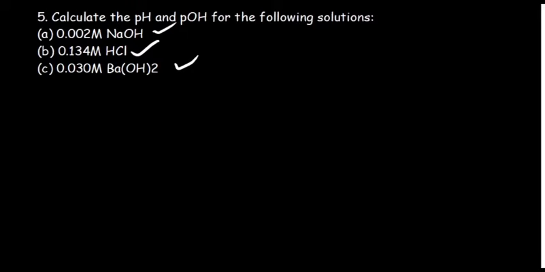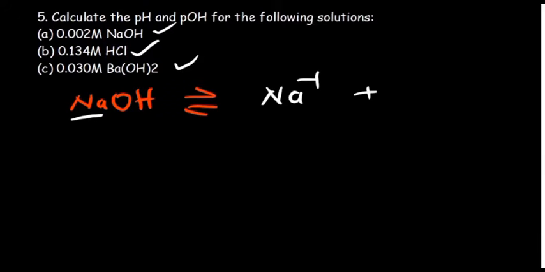You calculate the pH by first writing the dissociation reaction. Sodium hydroxide, if it dissociates, is broken down into its ions. So we have sodium ions and the hydroxide ions. These are the ions that make up sodium hydroxide, in aqueous state.